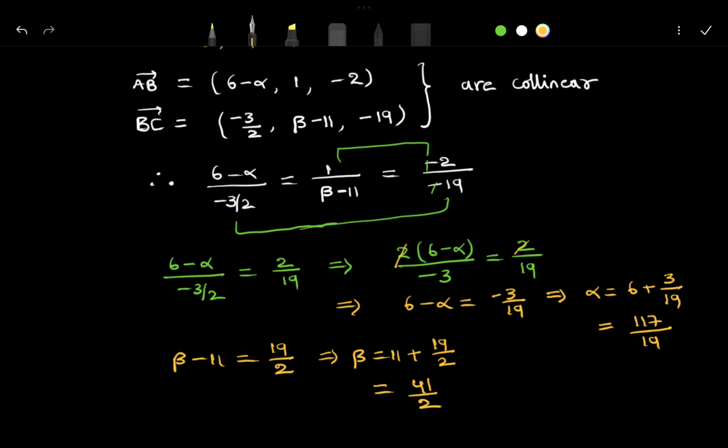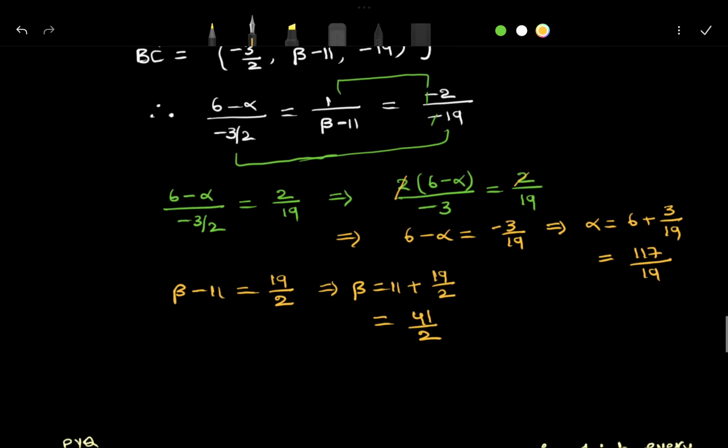The required value is (19 alpha minus 6 beta) whole square.